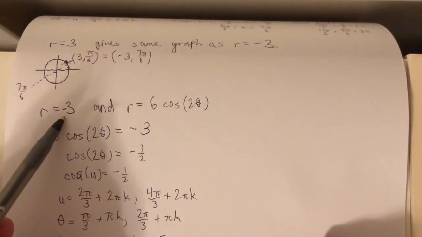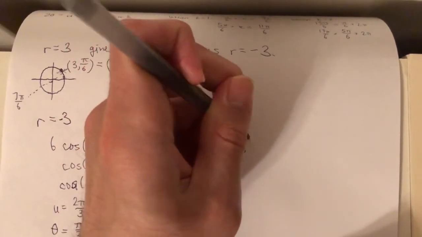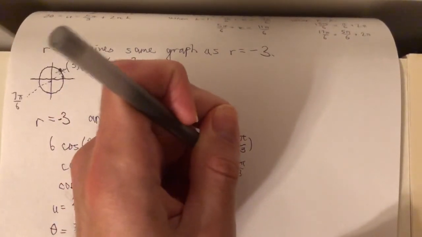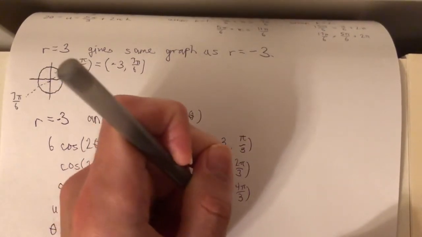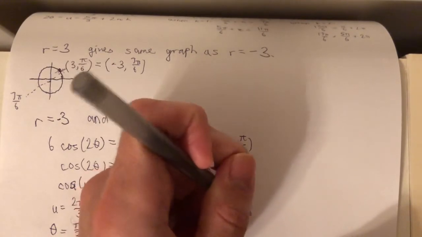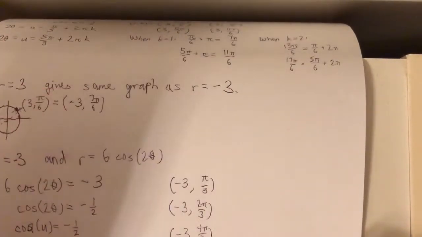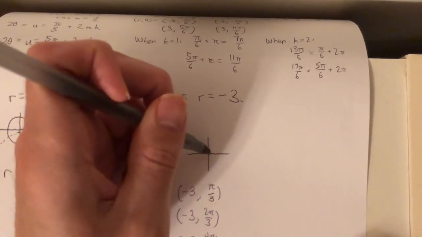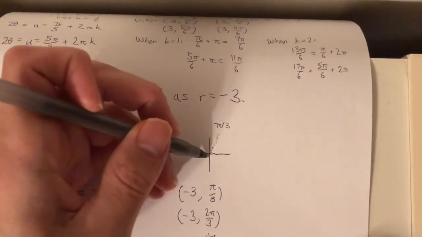So r equals negative 3. I'm going to get the points (-3, π/3) and (-3, 2π/3), and so on for the other angles, 4π/3 and 5π/3. And I can clean up the r coordinates here by remembering that if I look at (-3, π/3), for instance, and here's π/3, what's in the opposite direction of that?